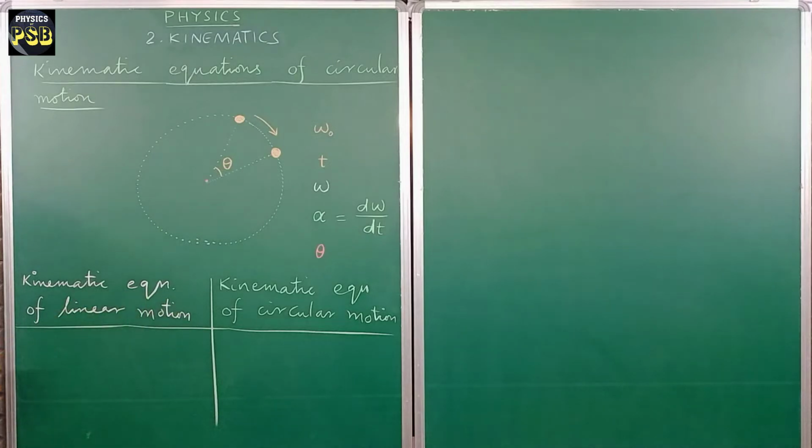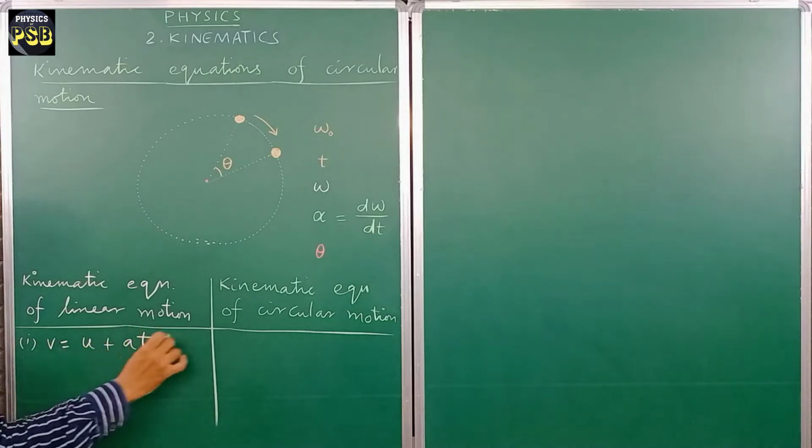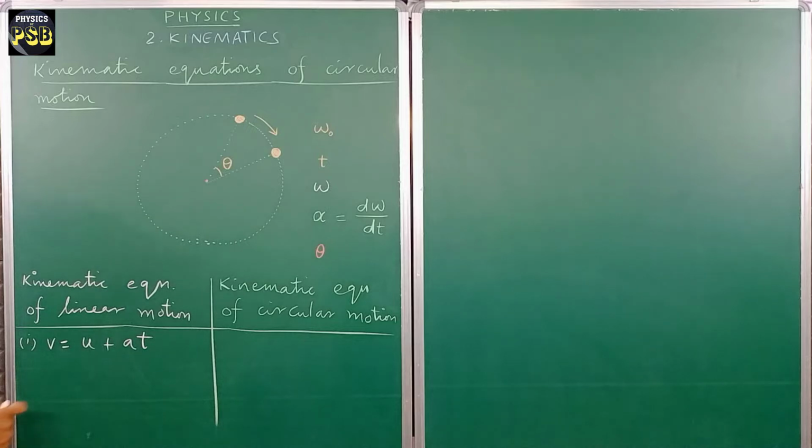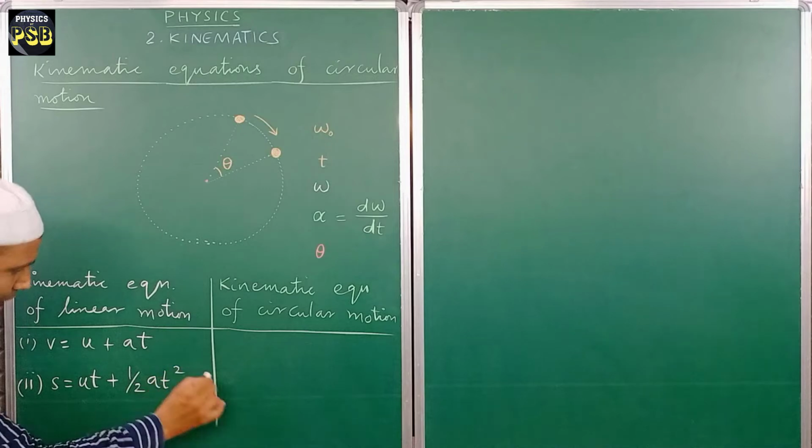The first kinematic equation of linear motion is v equals u plus at. It relates the velocity and time. And the second equation of motion is s equals ut plus half at square.